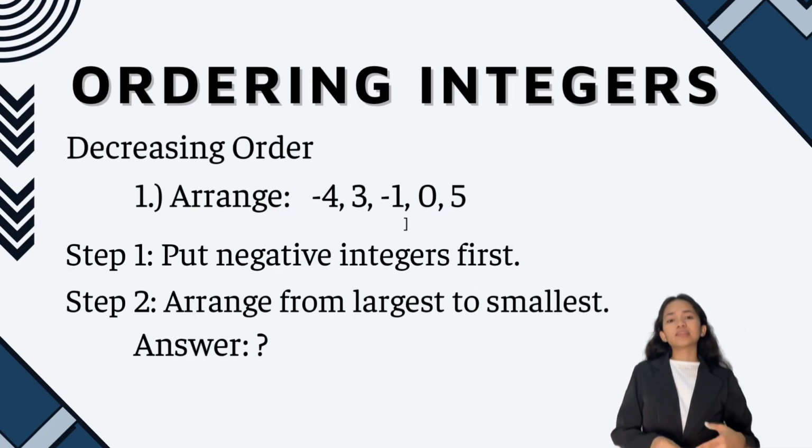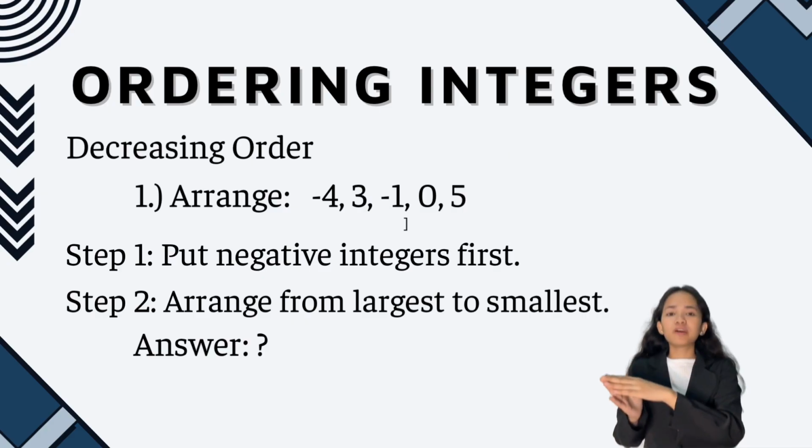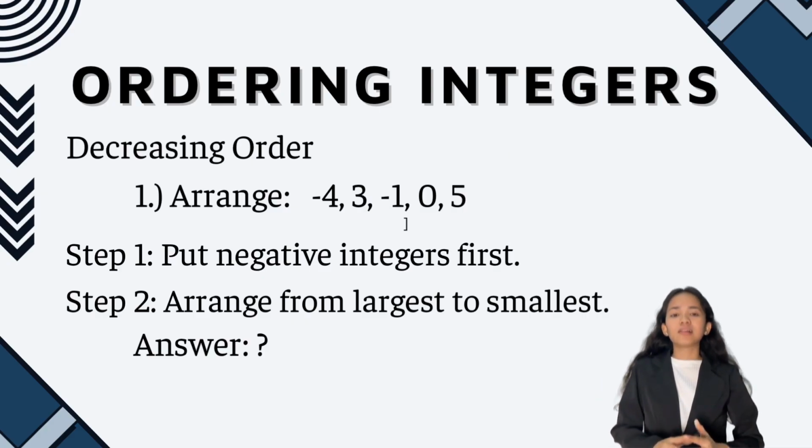Yes, very good. Now that you have learned how to arrange integers from smallest to largest, let us proceed to decreasing or descending order. This is the opposite of ascending order.